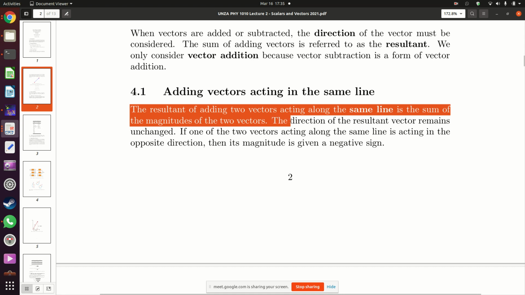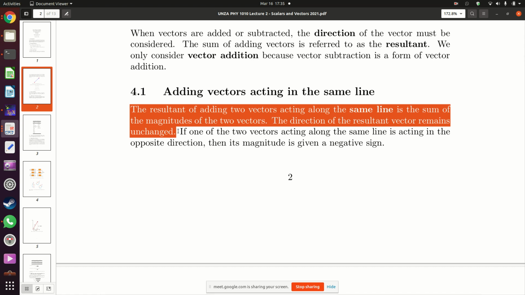The direction of the resultant remains unchanged. It can be two vectors, three vectors, four vectors, it depends on what you have. But as long as these vectors are parallel to each other, you just add their sizes. Then the direction remains the same. Okay?